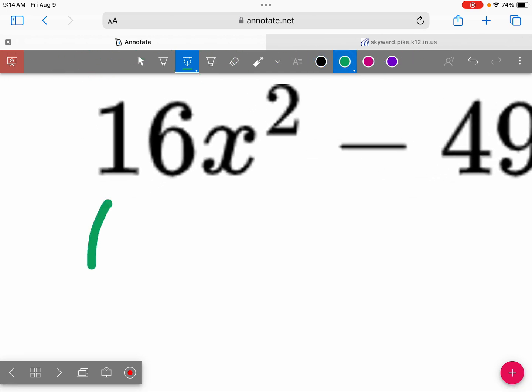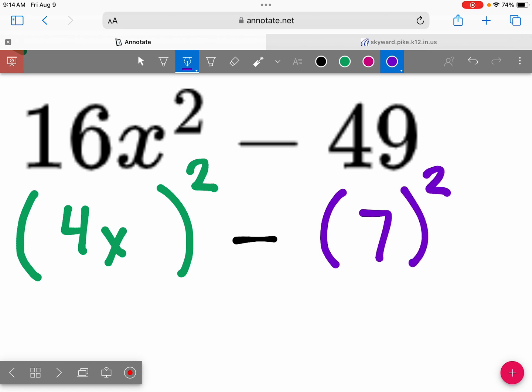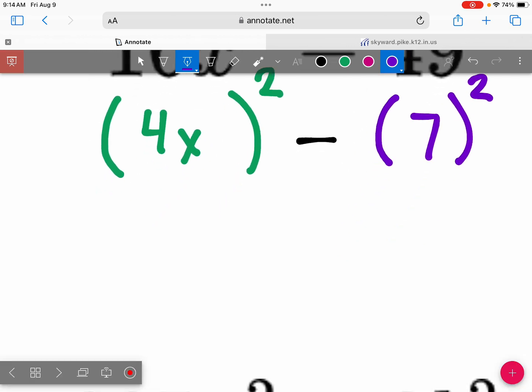If I wanted to write this as an a squared, the whole chunk being squared, what would go inside my parentheses? What is being squared to make 16x squared? 4x. What is being squared to make 49? 7. So again, you don't need to write this step, you don't have to, but for some people this will make it easier to spot the pattern, especially when we start doing cubes and things in a similar vein.